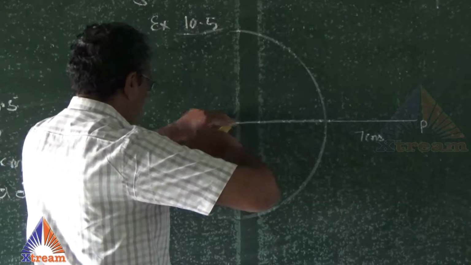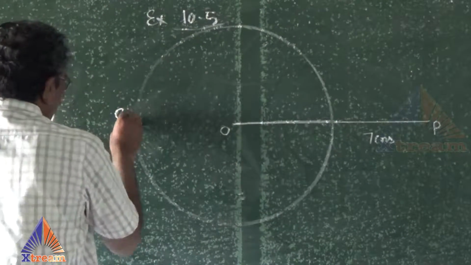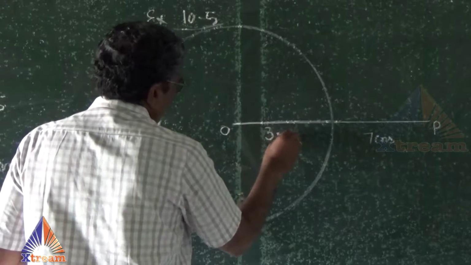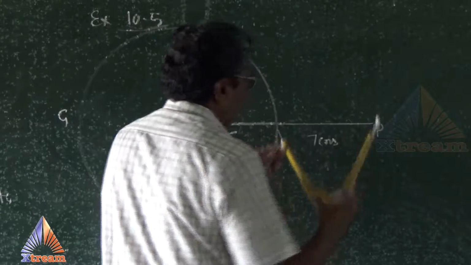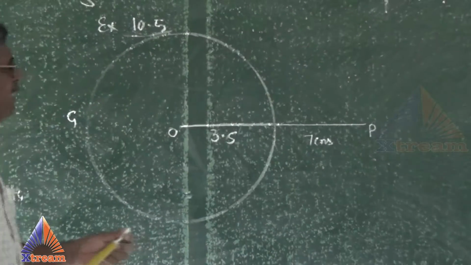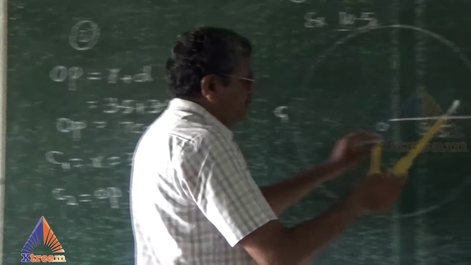That is called the C1 circle, 3.5 centimeter. Now check again, the same distance is there, that is also 3.5.